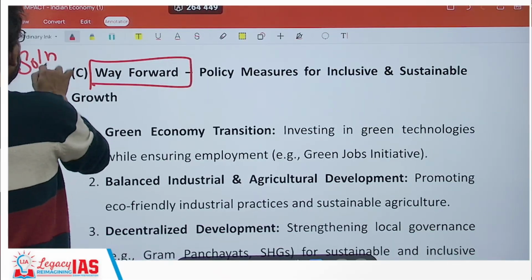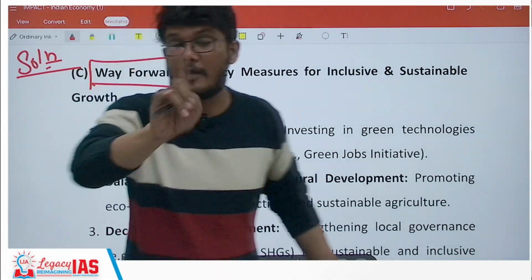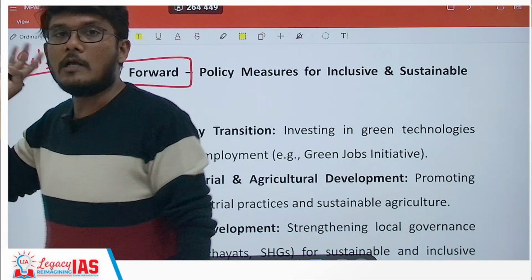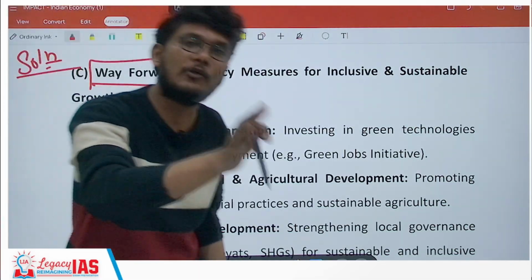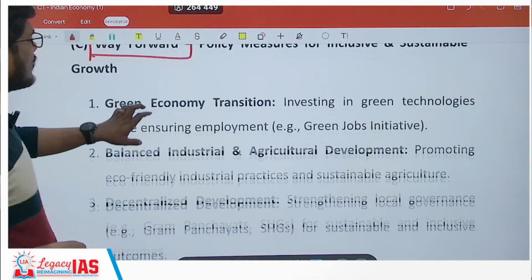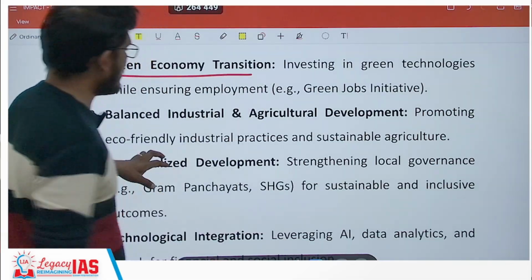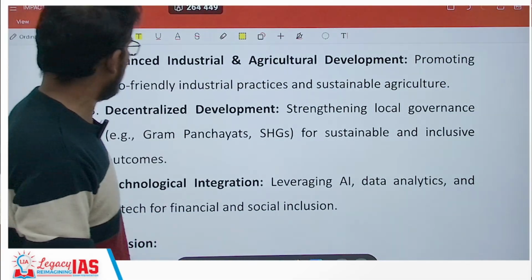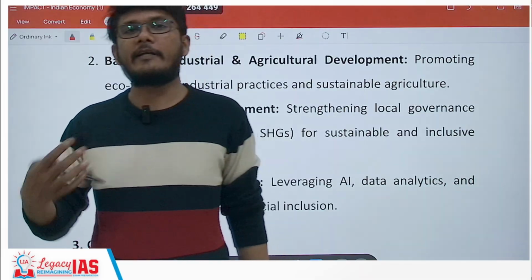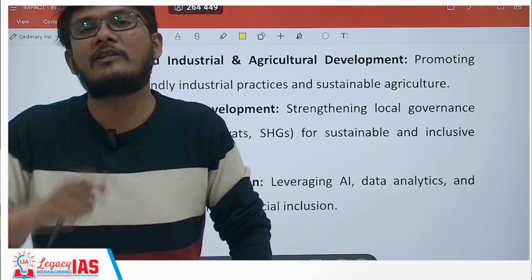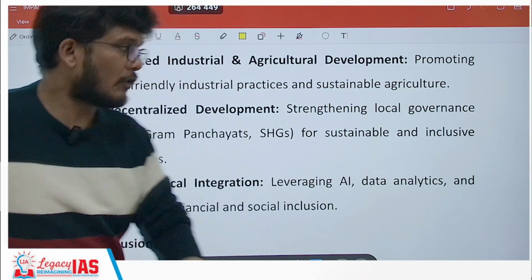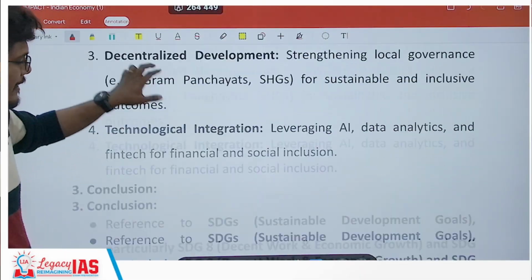Way forward is nothing but the solution. Remember, way forward is not your conclusion. Way forward is your solution. So here you can give the solution about green economy, balanced industrial and agricultural development, and how you can ensure that inclusiveness is accompanied with sustainability, because that need not necessarily be the case all the time.